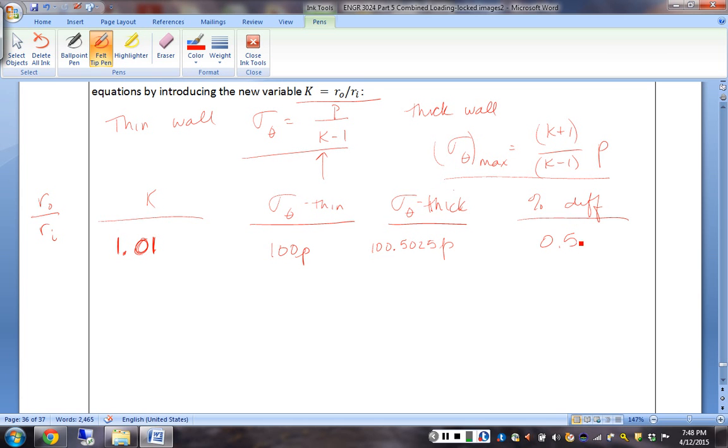That is, in fact, a 0.5% difference between the two.